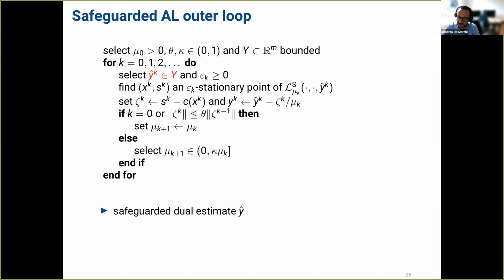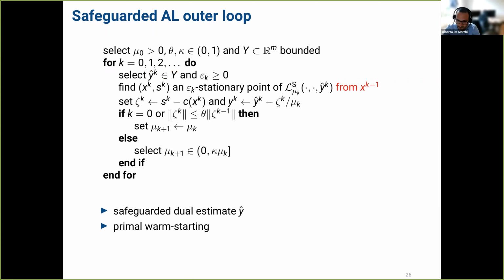Okay, then we select a tolerance epsilon k, and then we solve this subproblem. So we have mu k and the estimate y hat k, and we find xk and sk such that it is epsilon k stationary.